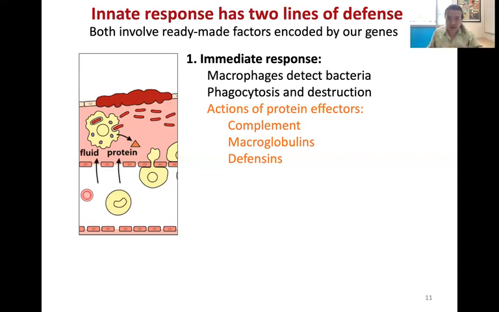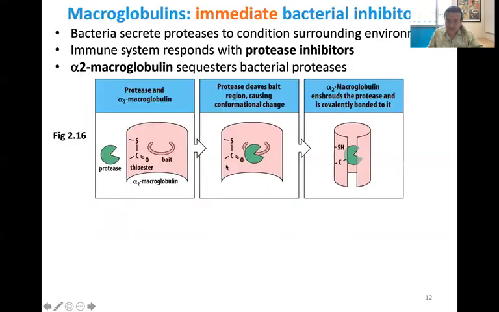And we've started talking about other proteins that just function because they're the right shape and can also participate in the immediate innate reaction. So we've looked at complement proteins already. Let's go ahead and look at 2 other examples of immediate immune response proteins, macroglobulins and defensins.